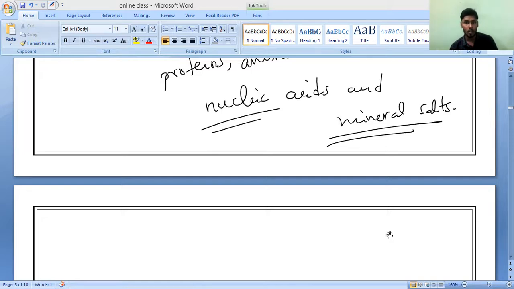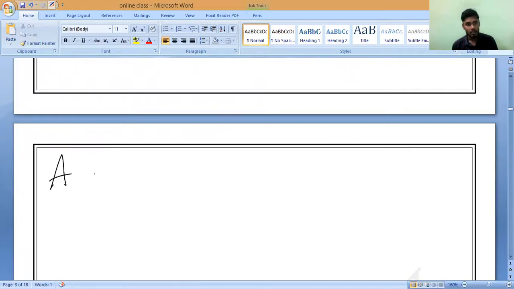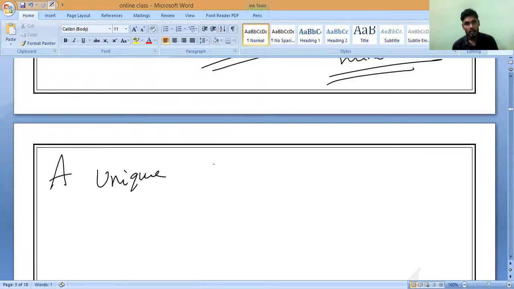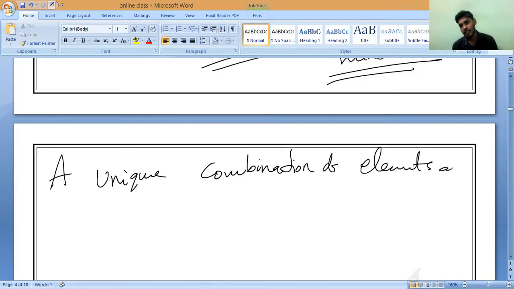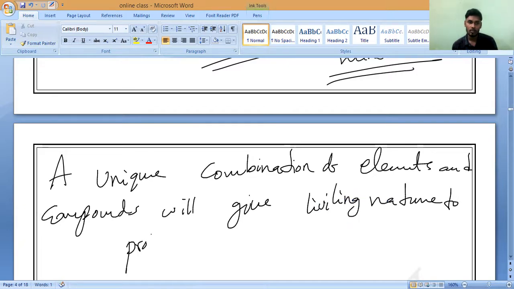Write it: a unique combination of elements and compounds will give living nature to protoplasm.